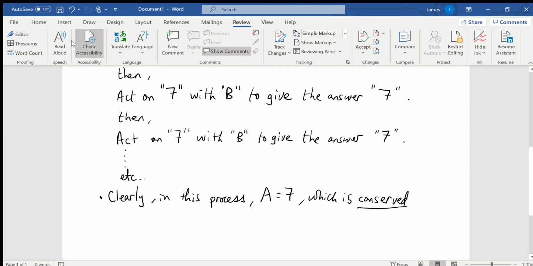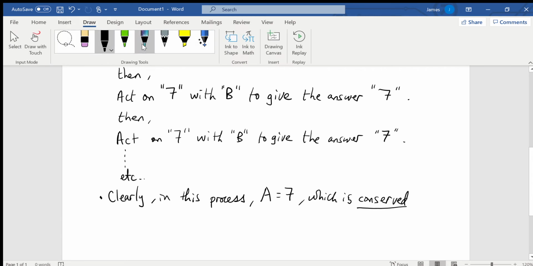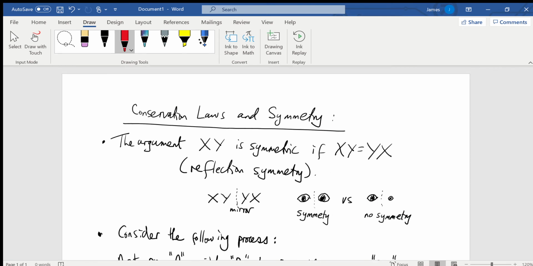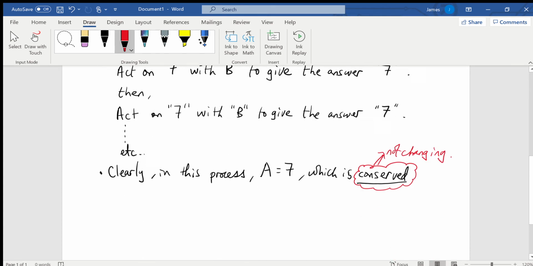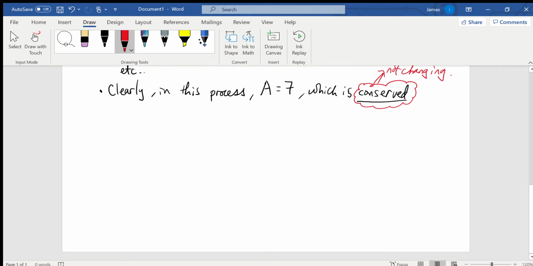So let's clarify what we mean by conserved here. We mean not changing. Okay, because after all, we're trying to look at conservation laws and something called symmetry, which we started to introduce, but we're going to try and do it without practically any mathematics, which is definitely challenging.